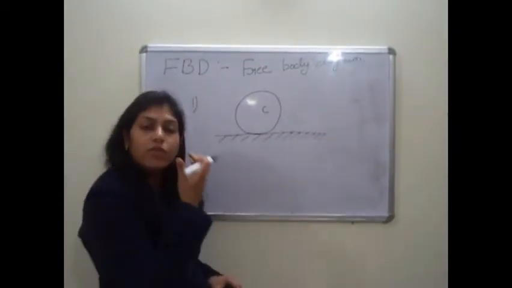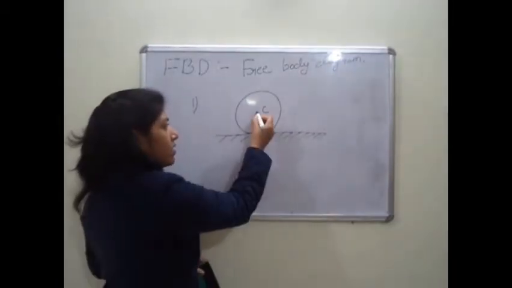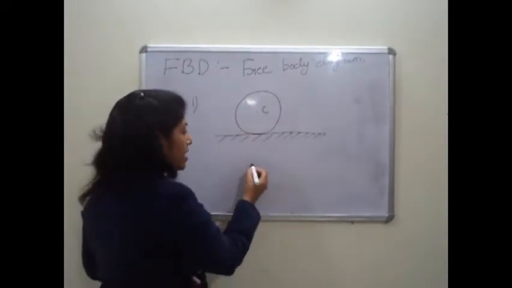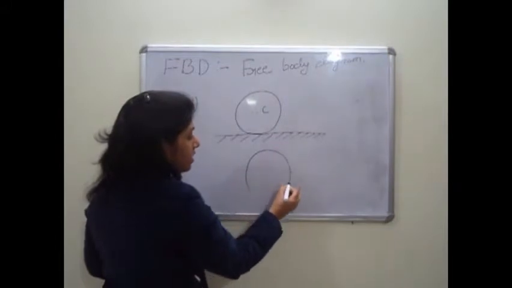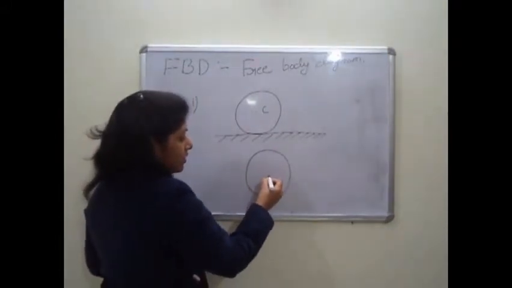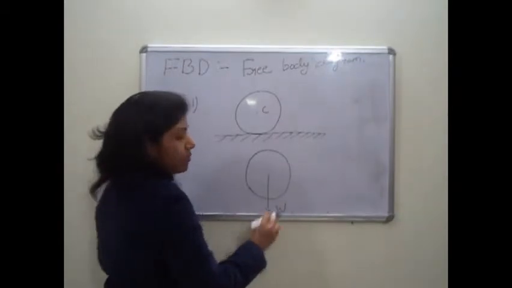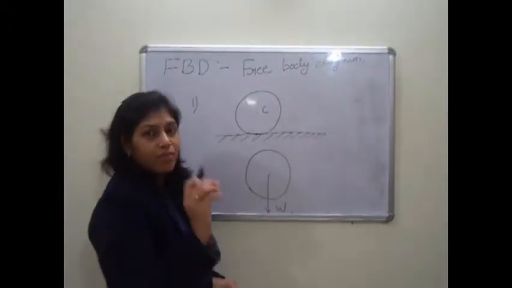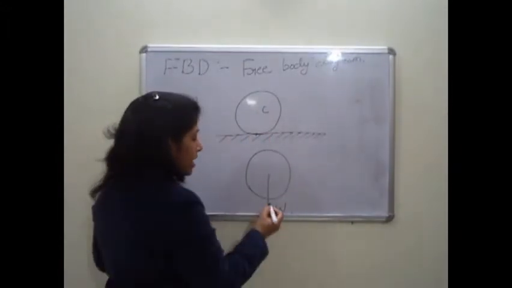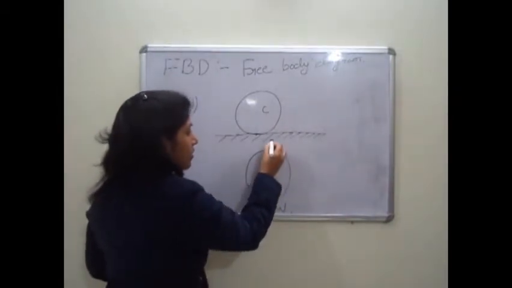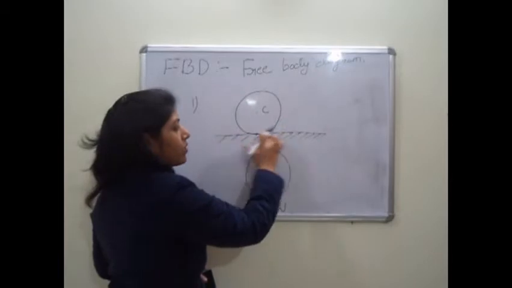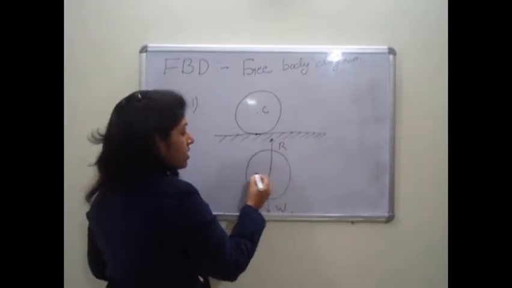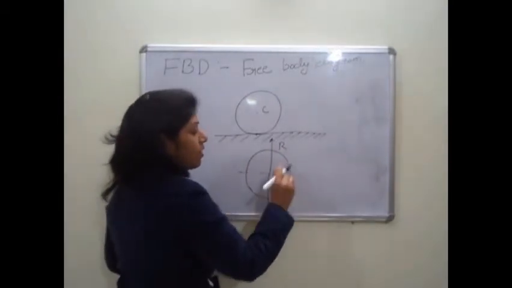The free body diagram of this system: I am considering the sphere as the body and there is no externally applied force. So the free body diagram will show the self weight of the body and the reaction at the point of contact. In a sphere the contact will be a point contact, so the reaction is perpendicular to the surface of contact, perpendicular to the horizontal plane. So this will be the free body diagram of this sphere.